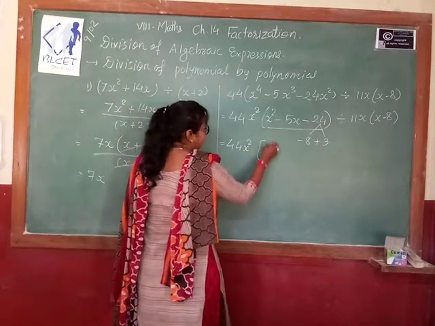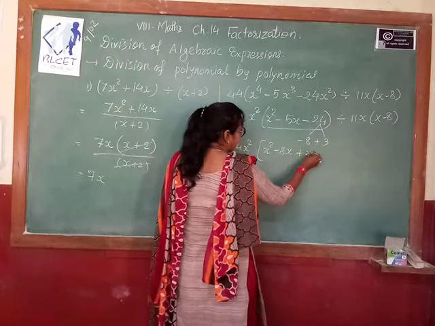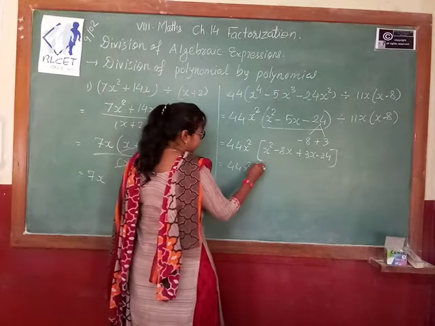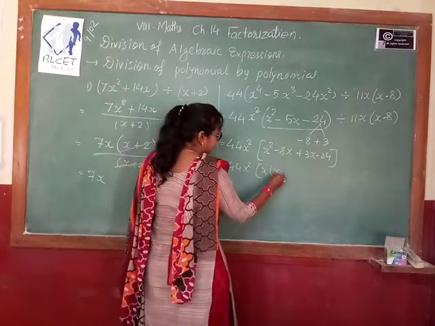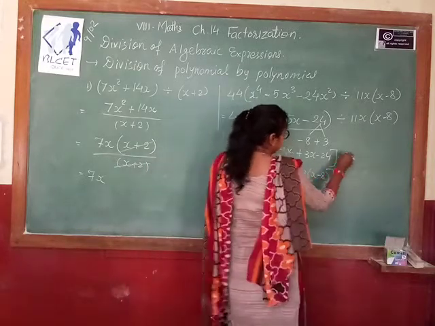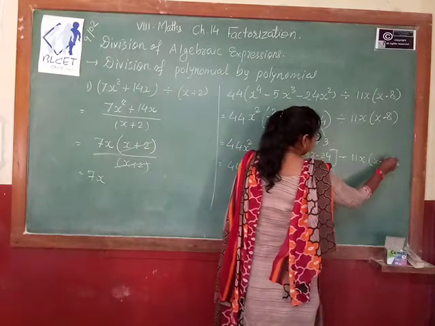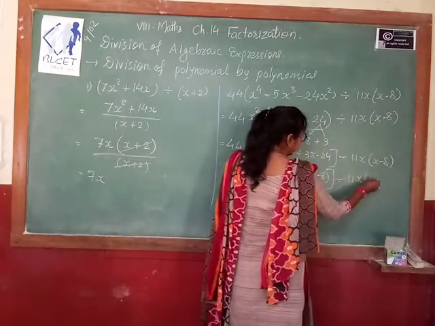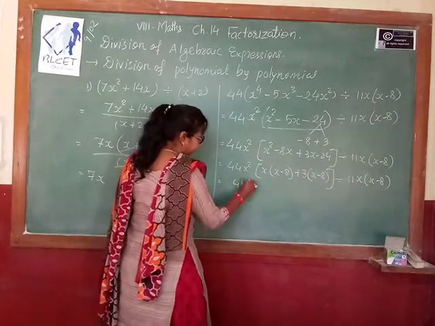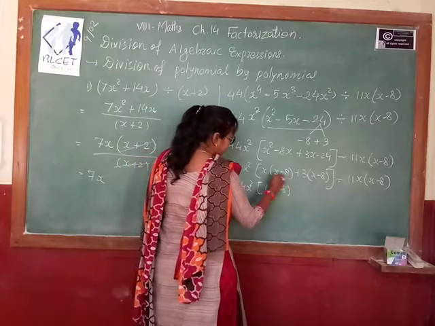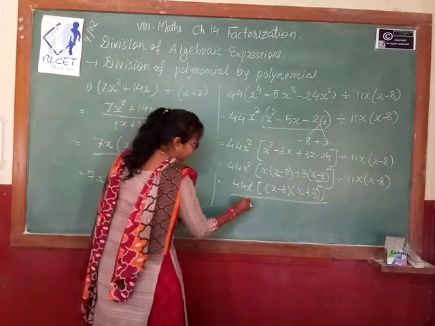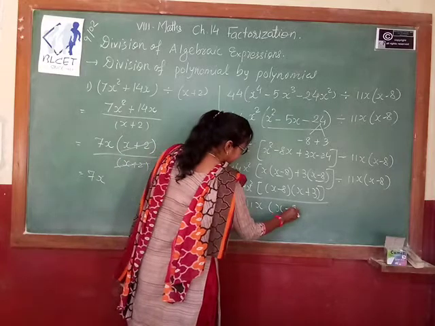So what we are getting, x square minus 8x plus 3x minus 24, which is equal to x into x minus 8 plus 3 into x minus 8, so x minus 8 times x plus 3. Then 44x square times x minus 8 times x plus 3, whole divided by 11x into x minus 8.